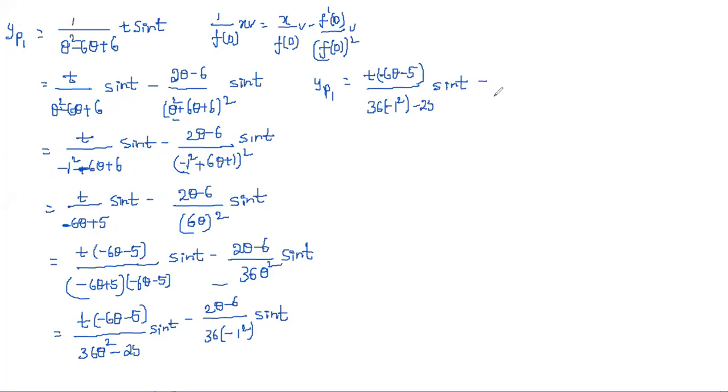Next one, here it is having minus of 2 theta minus 6 by. This is simply minus 36 into sine t.